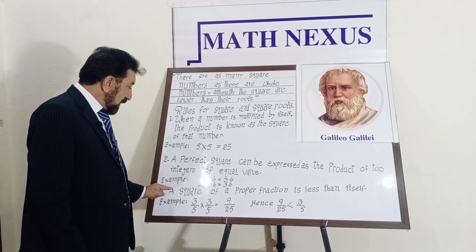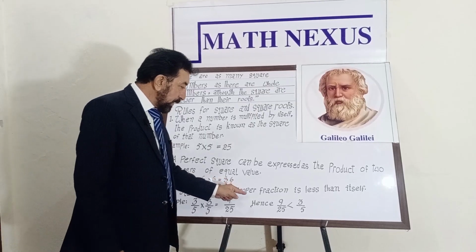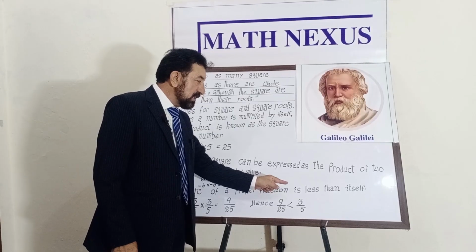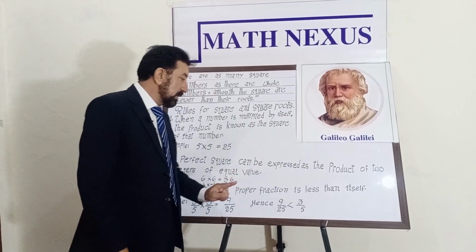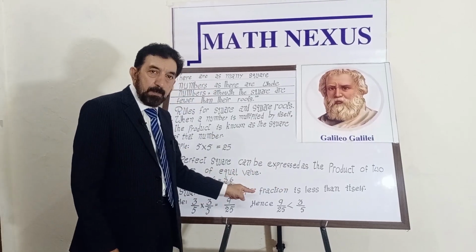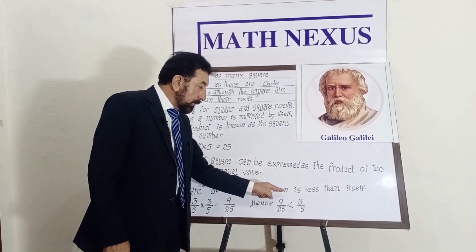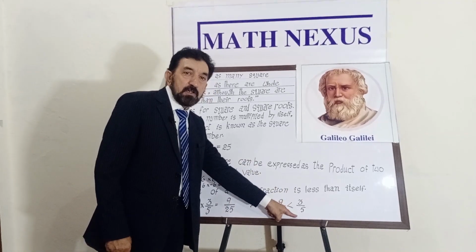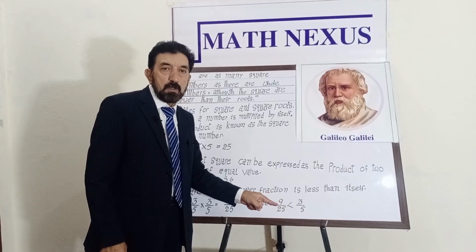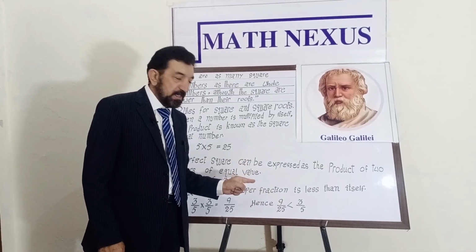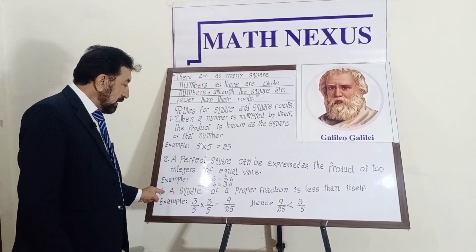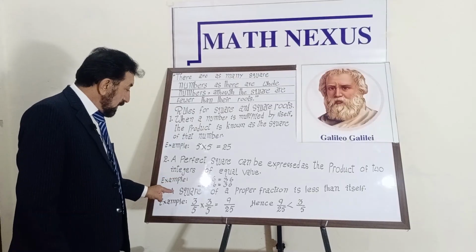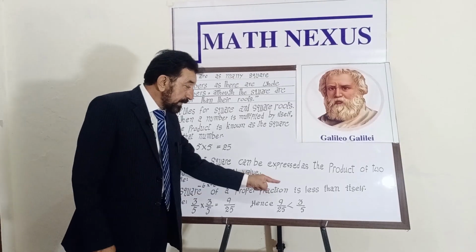Third rule, the square of a proper fraction is less than itself. What is a proper fraction? A fraction whose numerator is less than its denominator is called a proper fraction.